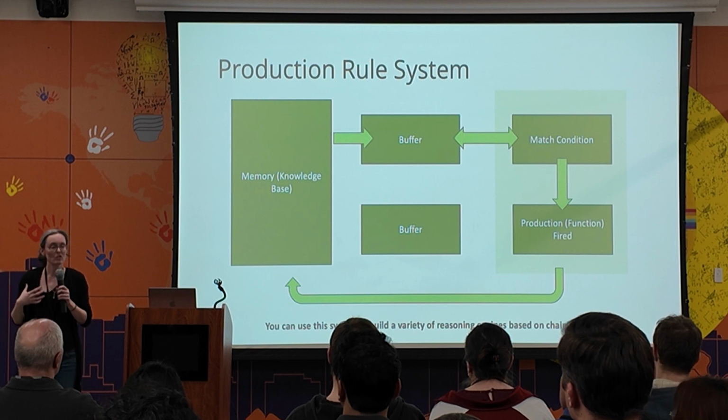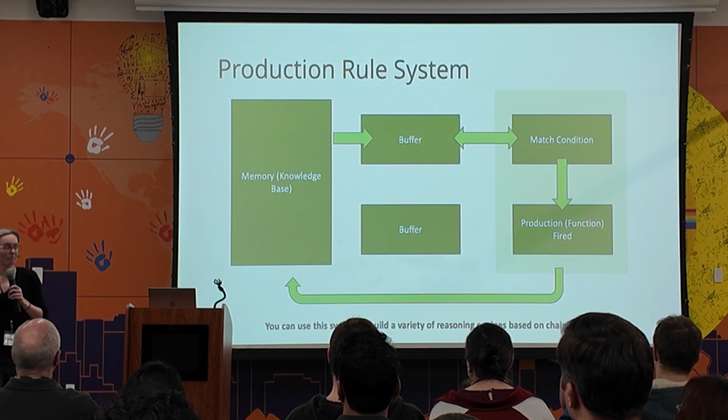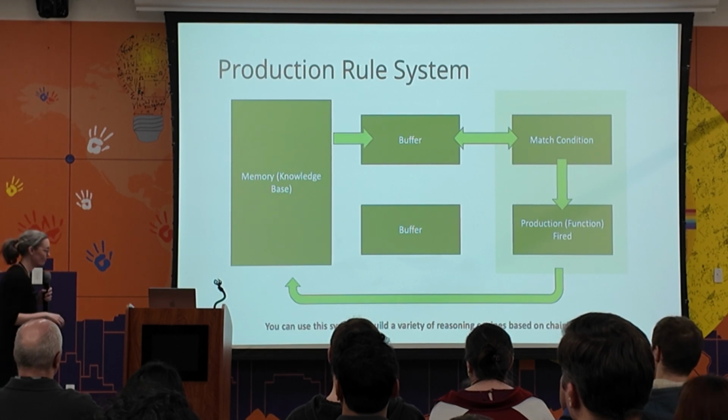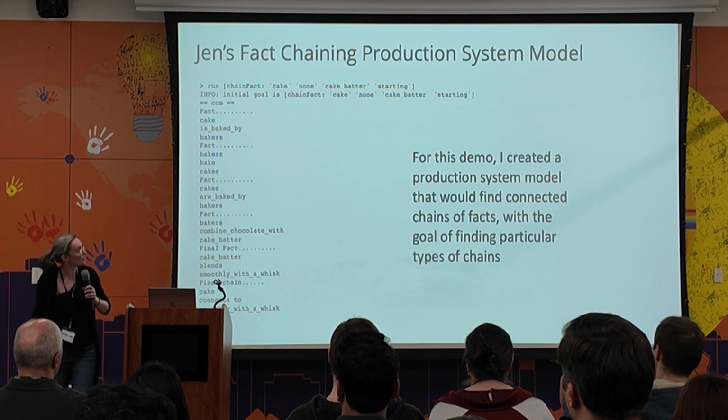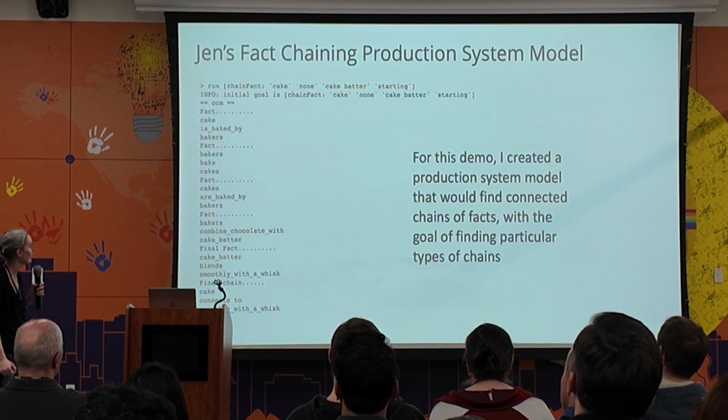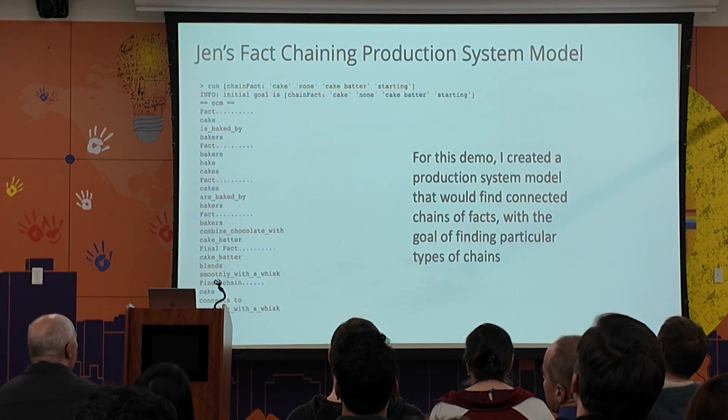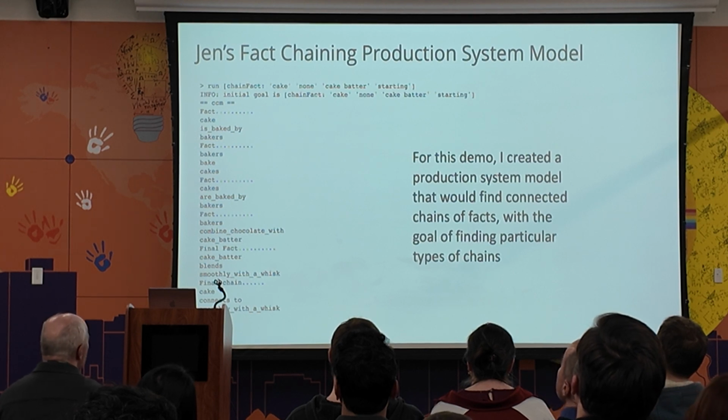This allows you to do chaining of facts or knowledge, leading to a certain type of reasoning. In my case, I made a little fact chaining production system model in GACTAR, and I chained a bunch of facts about cake together. Cake is baked by bakers. Then it says, okay, I'm going to find facts about bakers.